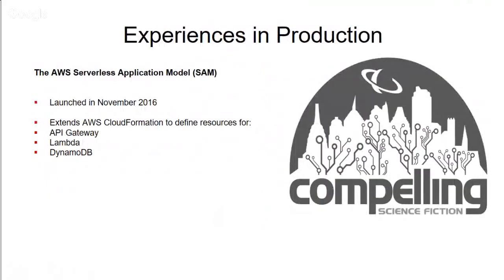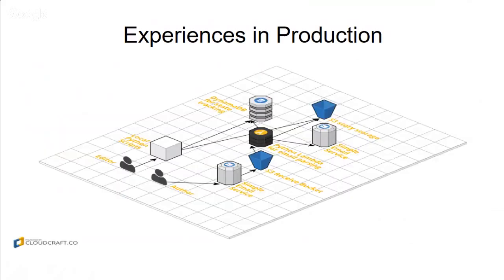Next, experience in production. This is about a company called Compelling Science Fiction. They have used serverless functions for an author application. Soon after an email comes for some authoring, some articles, they automatically process it using S3.